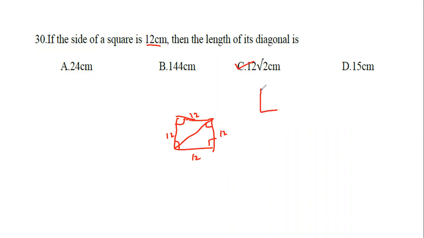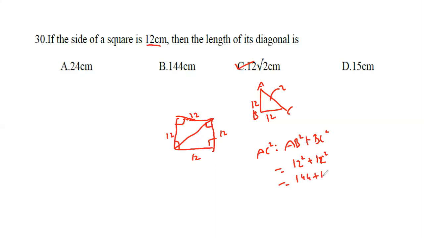Else use your Pythagoras theorem, because this is 12, this is 12. You need to find out this diagonal length. A, B, C. Apply Pythagoras theorem. AC square is equal to AB square plus BC square. AB square is 12 square plus 12 square. 12 square is 144 plus 144, which is equal to 288.